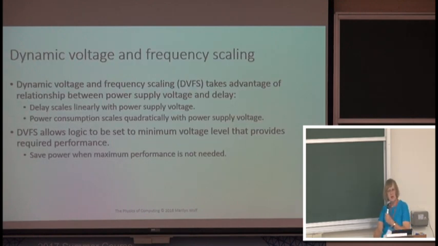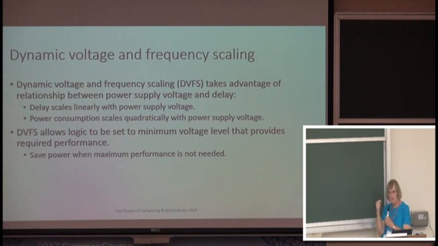So this nice relationship between delay and power leads us to a power management strategy that we call dynamic voltage and frequency scaling. If we know how much performance we need, that tells us, in some way or another, the delay we need through the logic.